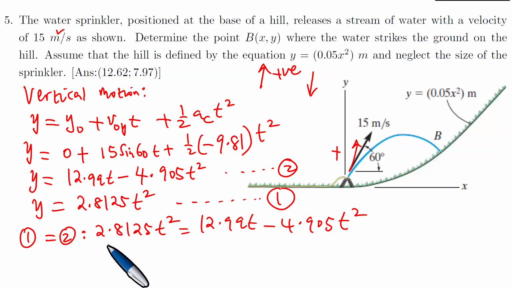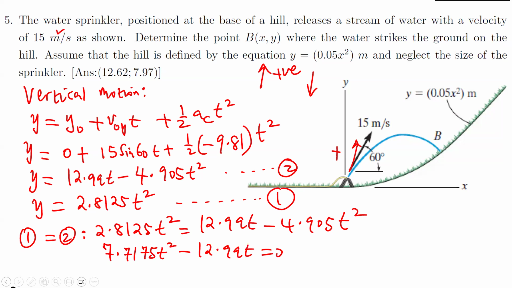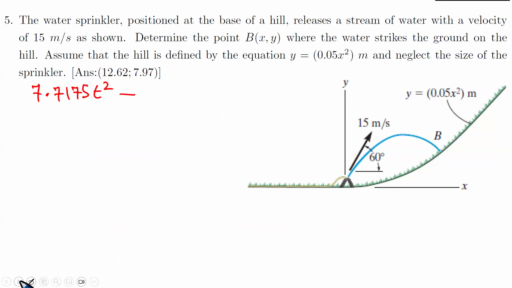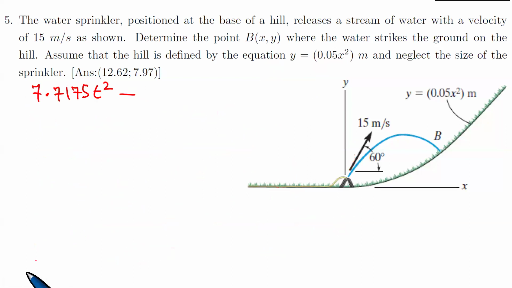So we're getting 7.7175 t squared minus 12.99t, and this equals 0.